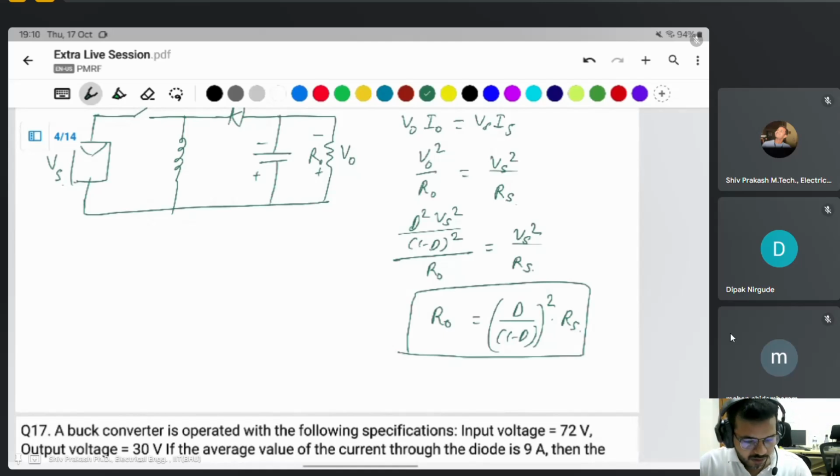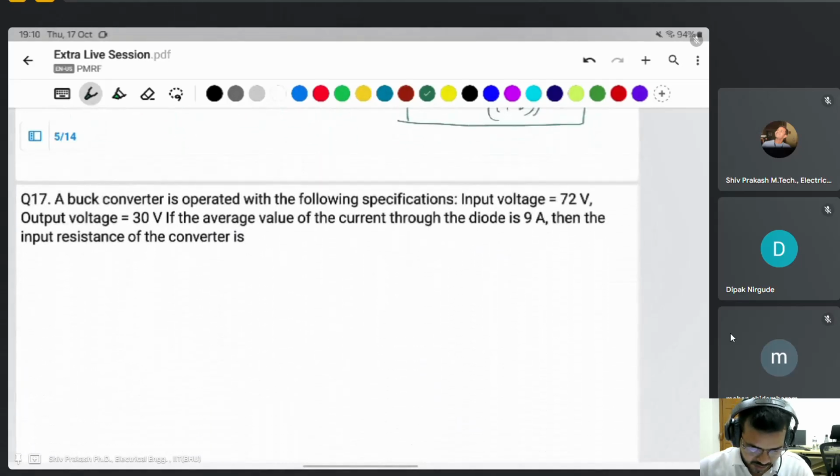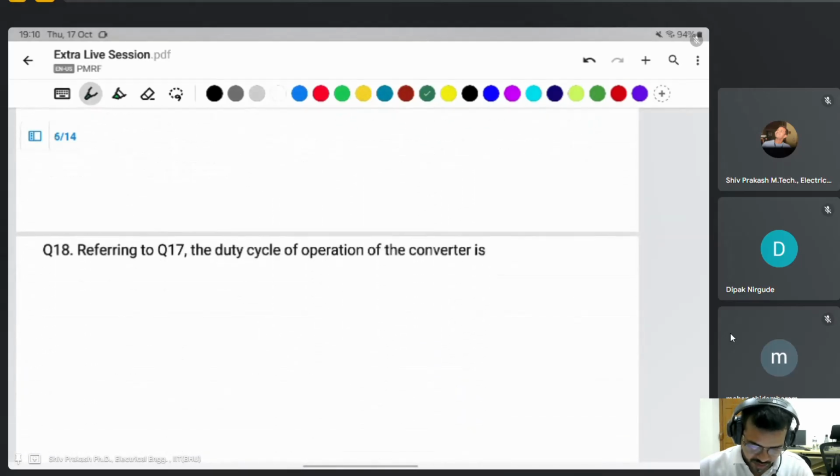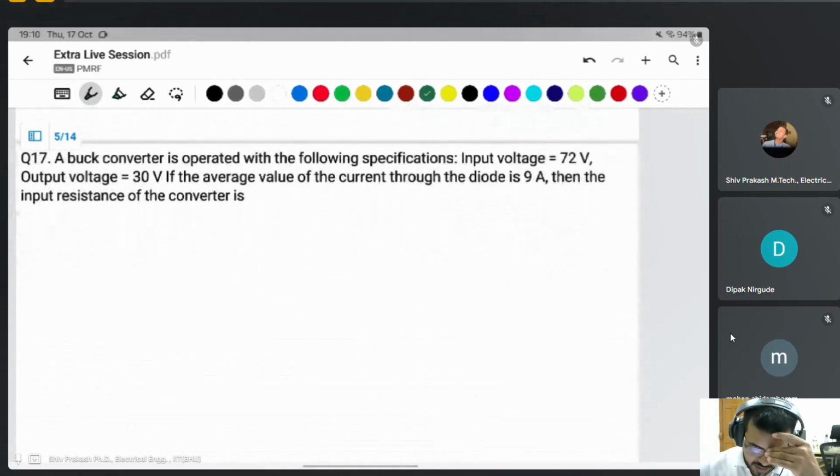For example, I have taken a buck converter question. A buck converter is operated with the specification: input voltage is 72 volt, output voltage is 30 volt.